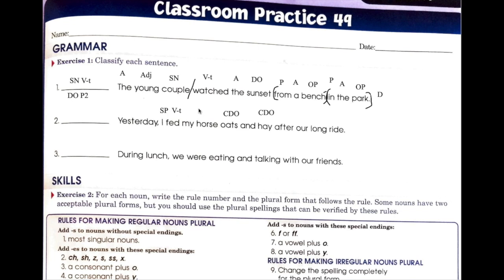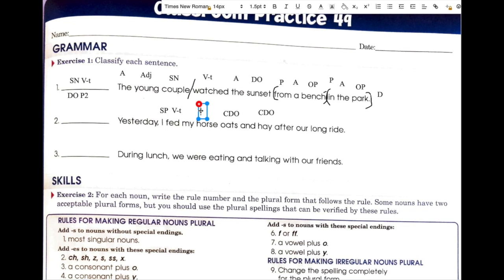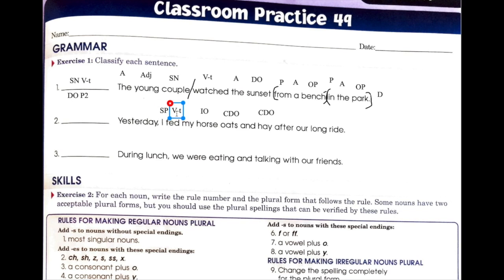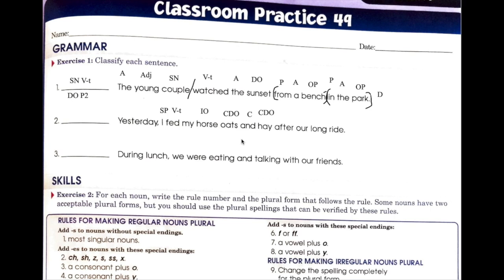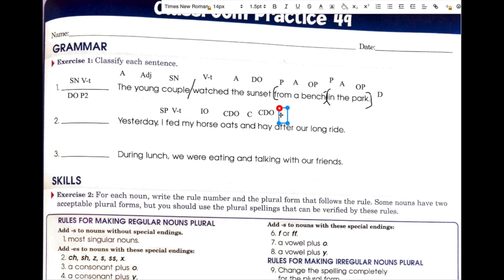If we're answering to what, we know it's definitely going to be an indirect object, and we'll just check to make sure it's in between the verb transitive and the two direct objects. And is always a conjunction. After is a preposition. After what? Ride, object of the preposition.